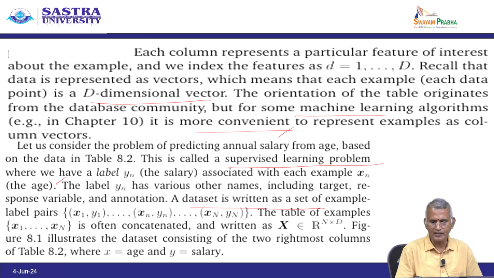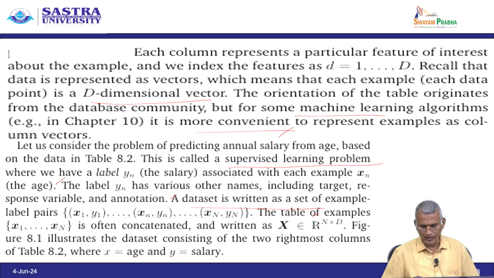The data set is written as example-label pairs (x1, y1), (x2, y2) and so on up to (xN, yN). The table of examples x1 to xN is often concatenated and written as X in R^(N×D), and Figure 8.2 illustrates the data set consisting of the two rightmost columns of Table 8.2, where x equals age and y equals salary.